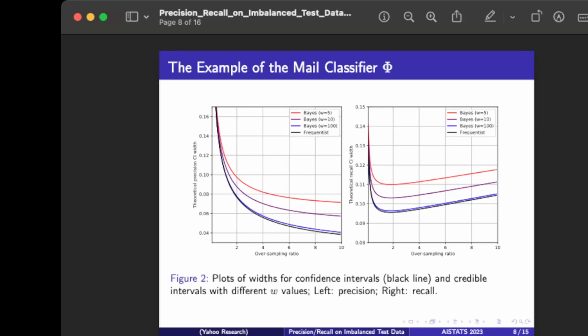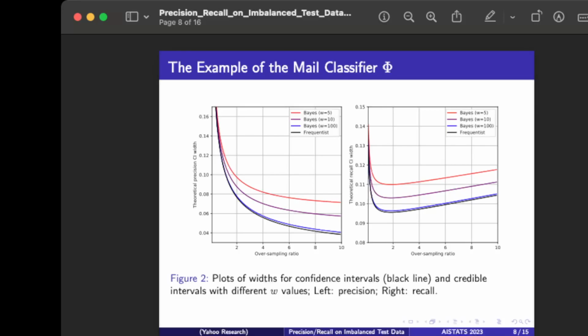At the beginning, we showed a mocked example with the confusion matrix on 5,000 randomly sampled emails. Now we come back to this example and would like to analyze how oversampling will affect the precision and recall confidence intervals using the same sample size, 5,000. This figure shows the plots of width for confidence or credible intervals.